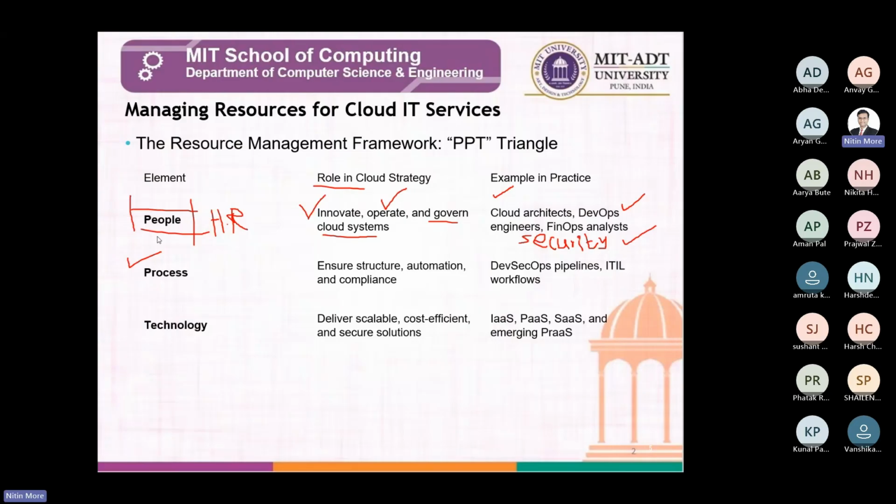Most organizations will focus only on the goals and objectives which they want to achieve, but not much on the process or the system which they want to implement for achieving those goals.